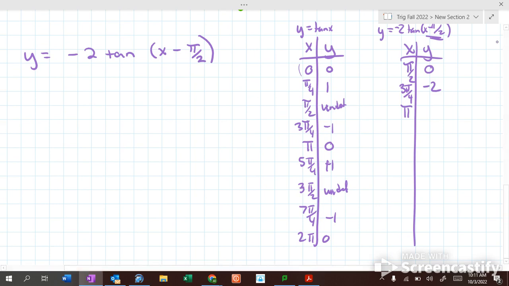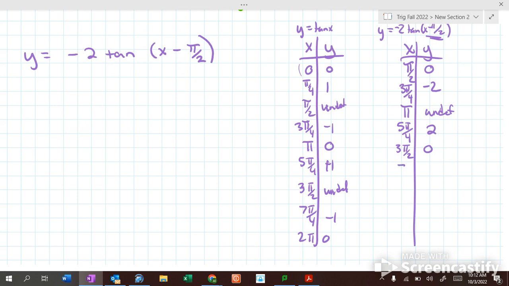Undefined times -2 is still undefined. Undefined times anything is undefined. Then 3 pi over 4 plus pi over 2 is 5 pi over 4. And then -1 times -2 is a +2. Pi is 3 pi over 2. 0 times anything is 0.